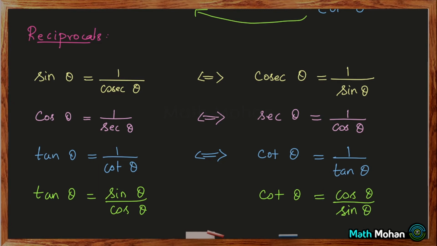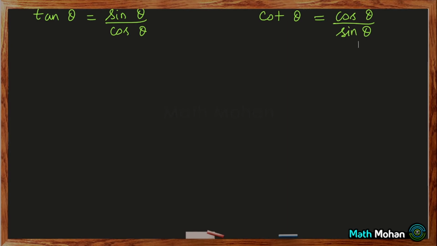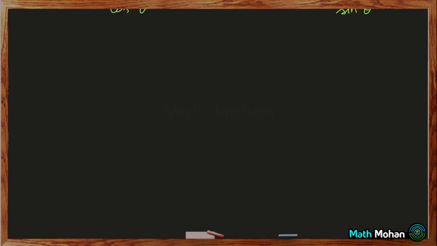These reciprocals you need to know clearly, so that wherever you need, you can write them in the required form so as to bring the RHS or LHS, whatever we need. And the next thing I want to discuss is the three important identities in trigonometry.